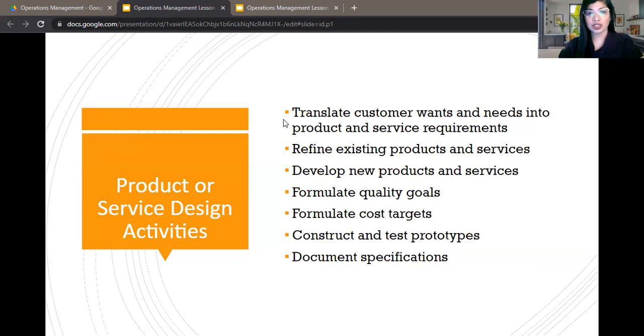So the key questions from a buyer standpoint, most purchasing decisions entail two fundamental considerations, as I said a while ago: one is cost and the other is quality.